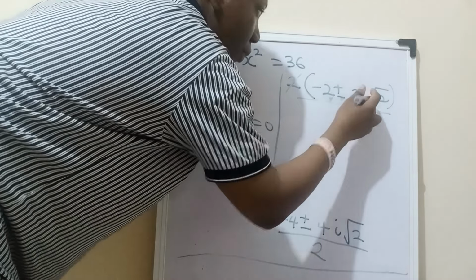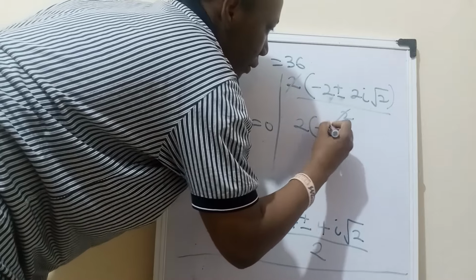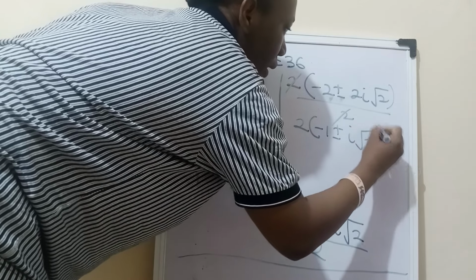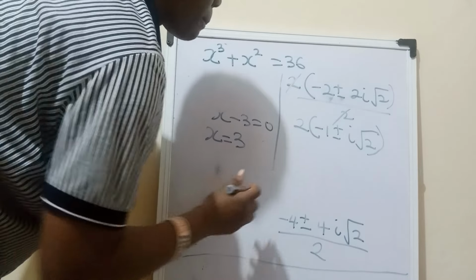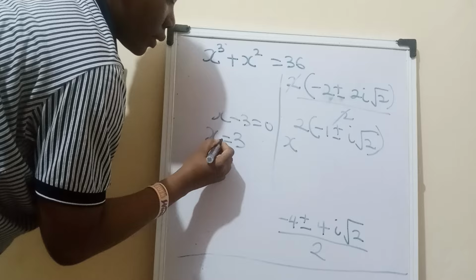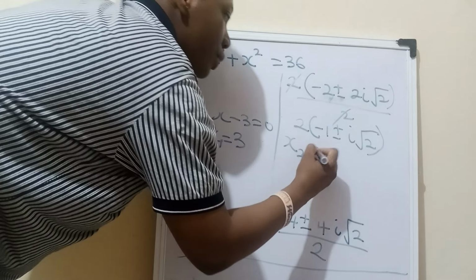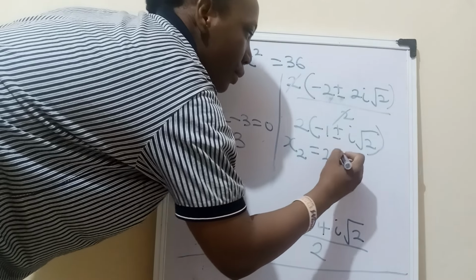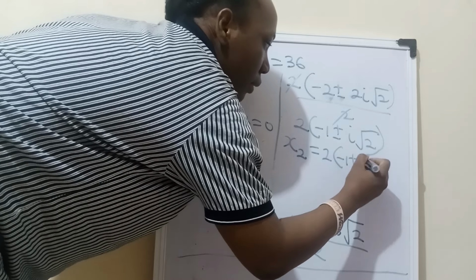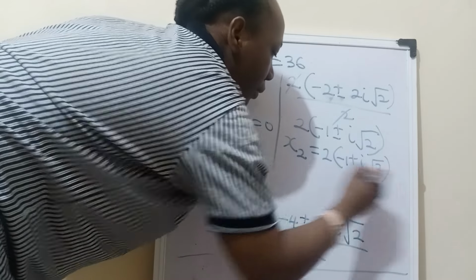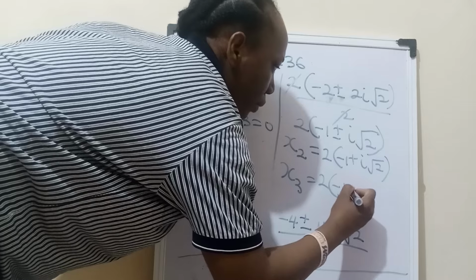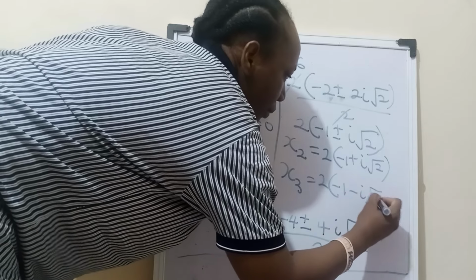And so we can still factor out 2 here to give us minus 1 plus or minus i root 2. Okay, so now to get the solutions, x2 is minus 1 plus i root 2, and x3 is minus 1 minus i root 2.